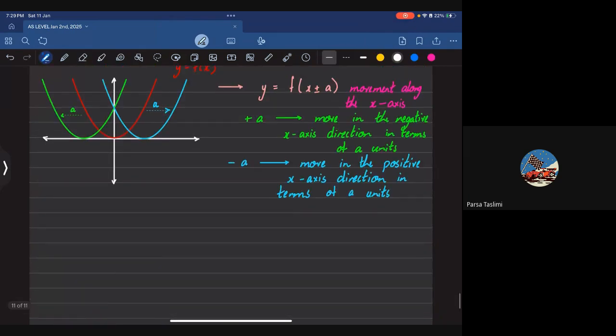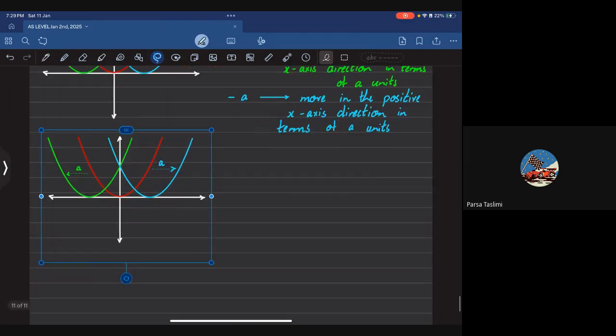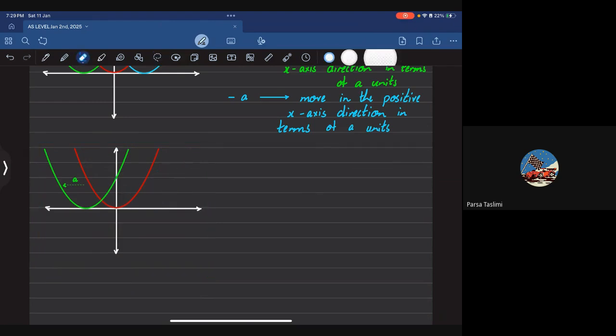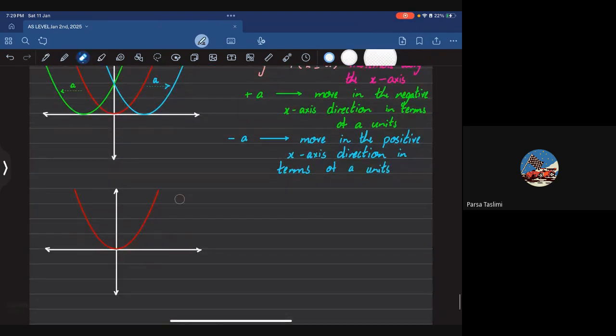Moving forward, we're almost done with the transformations. Again, this is y is equal to f of x. Now, what happens?